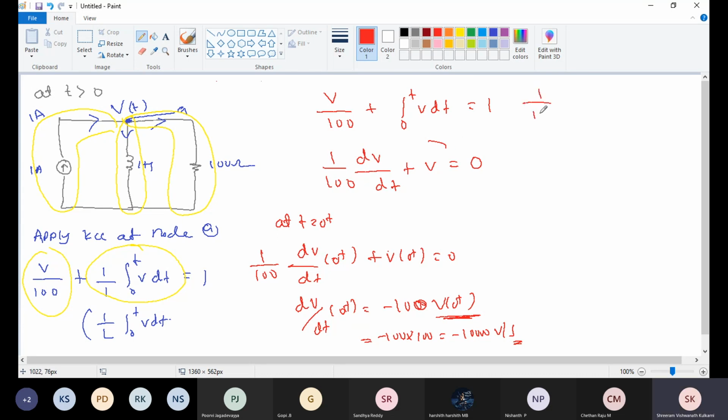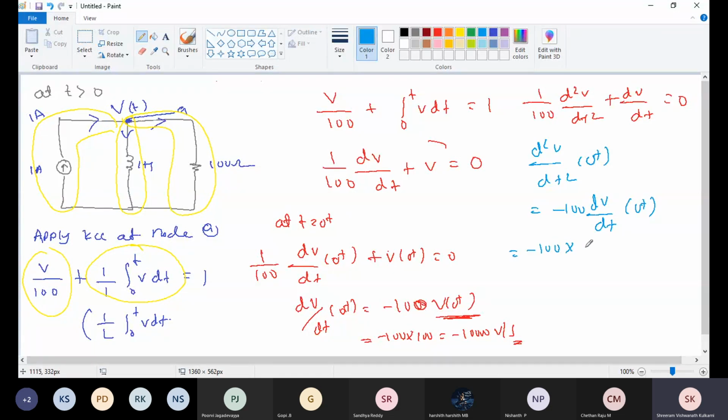I get 1 by 100 d²V/dt² plus dV/dt equals 0. Finally, d²V/dt² at 0 plus equals minus 100 times dV/dt at 0 plus, that is minus 100 into minus 10,000, which is plus 10 lakh, that is 10 raised to 6 volts per second squared.